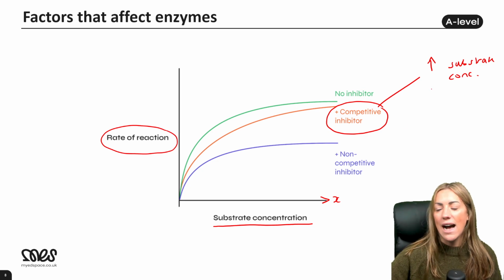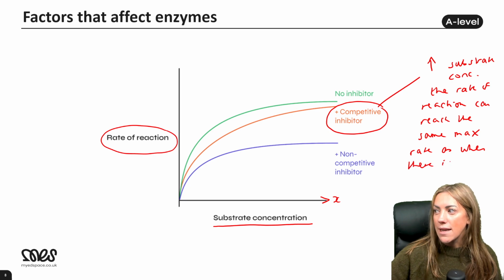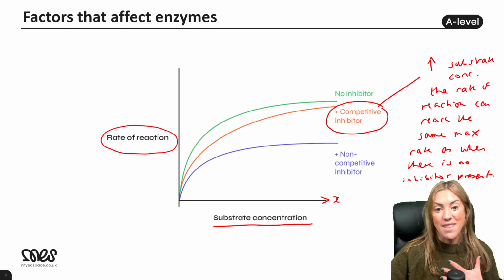at very high substrate concentrations, the rate of reaction can reach the same maximum rate as when there is no inhibitor present. And let me just explain why that is.